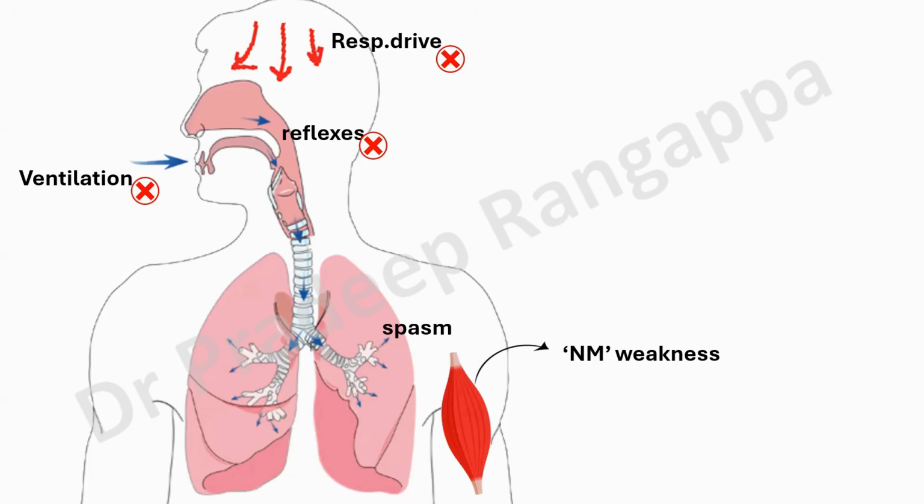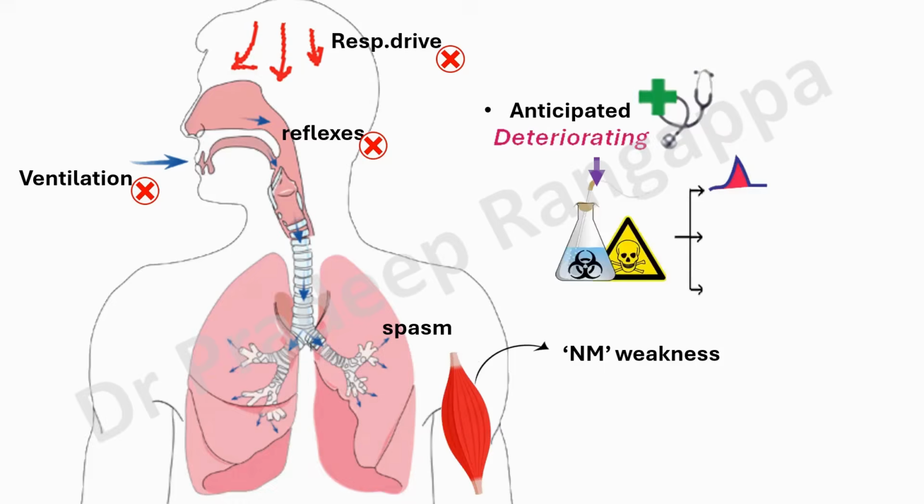So these are the 5 elements that one needs to look at in the ED to determine whether definitive airway management is needed. Most importantly, one has to bear in mind whether there is an anticipated clinical deterioration. Does the poisoning have the potential to cause recurrent seizures, ongoing neuromuscular weakness, or respiratory depression?